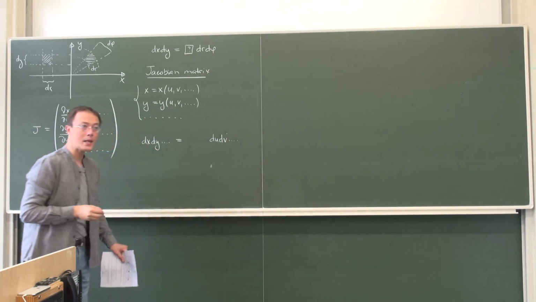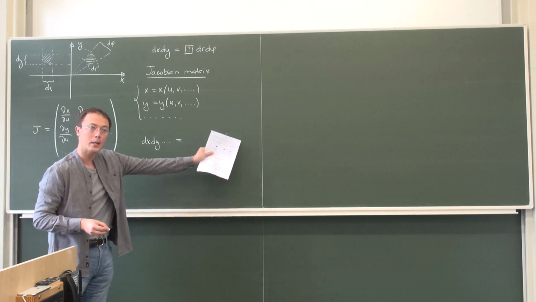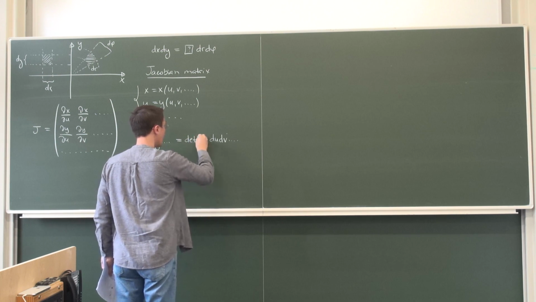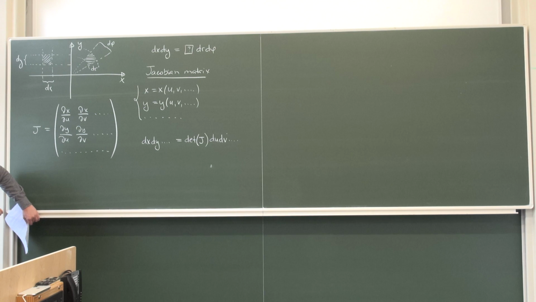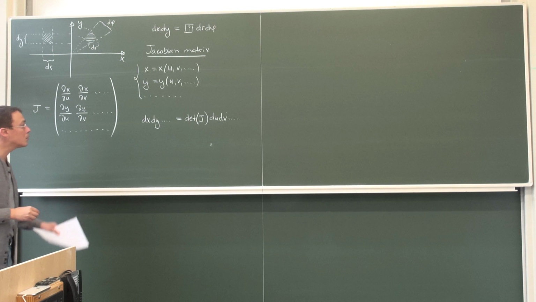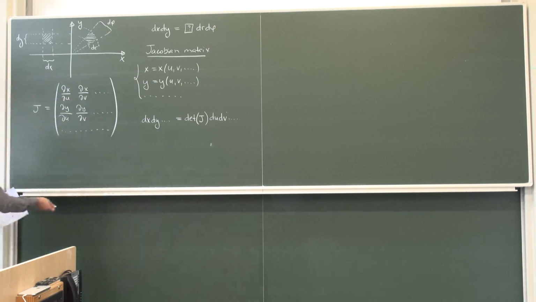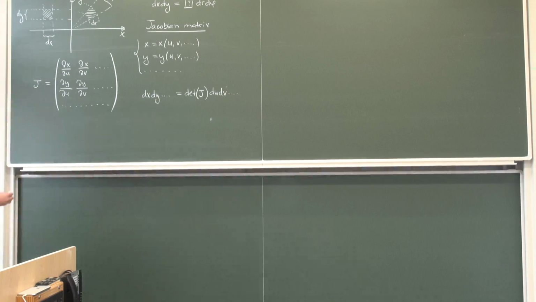So the volume element of this space is connected to the volume element of that space by the determinant of that Jacobian matrix. And we will use this, so this is given without proof, and we will use this today to establish these connections. So let us try this out for polar coordinates.